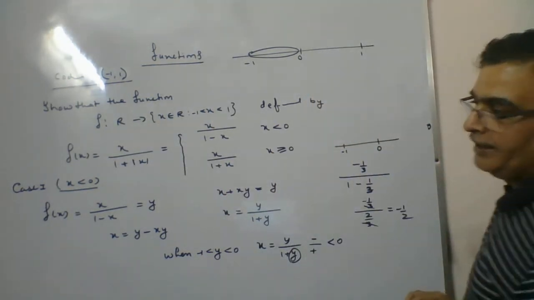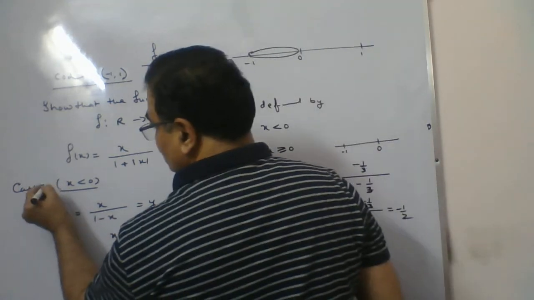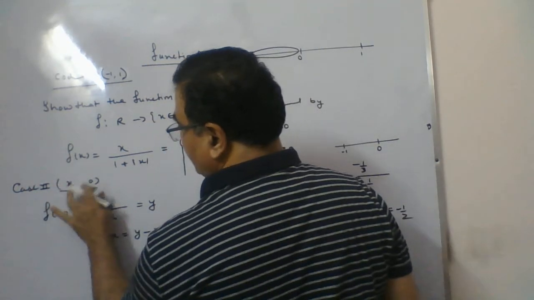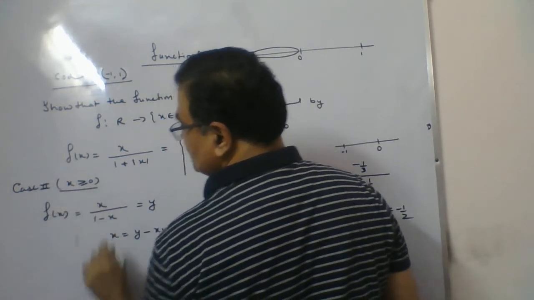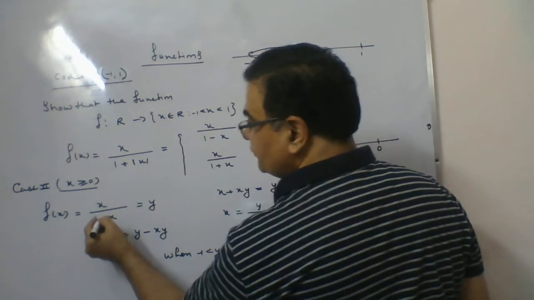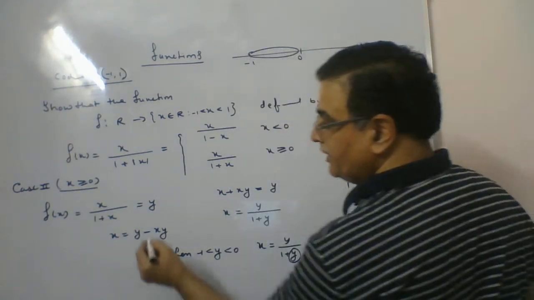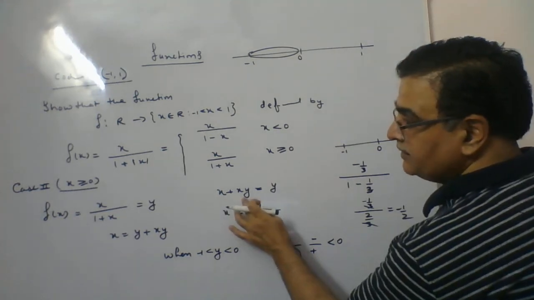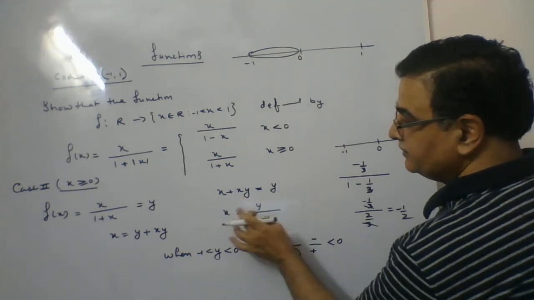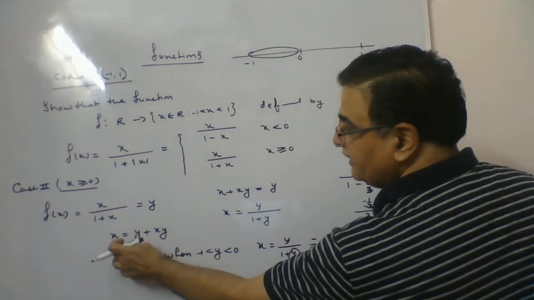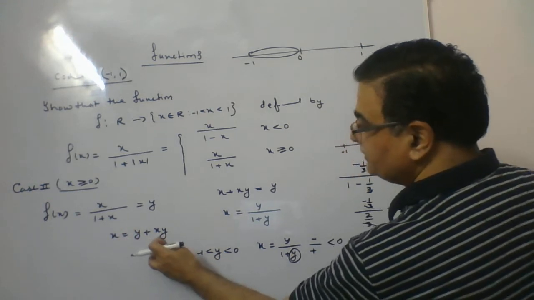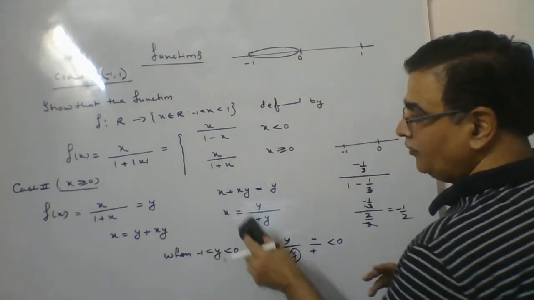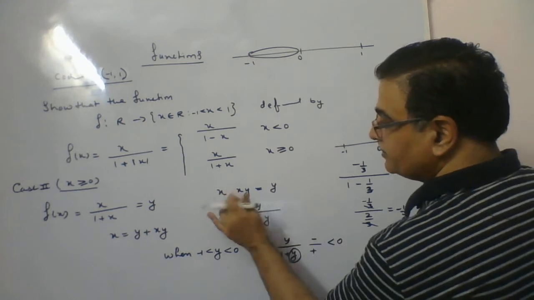Now case 2, when I take case 2, x is coming greater than or equal to 0. When you do this, it will be plus here, then it will be plus here, then what? X plus xy is, now this result will be x is equal to y plus xy, and then when you solve it, it will come x minus of xy.